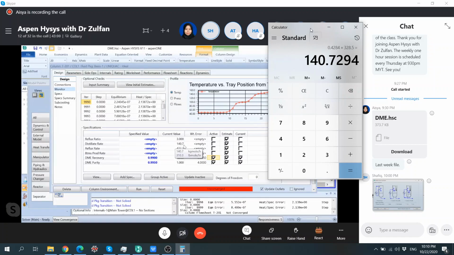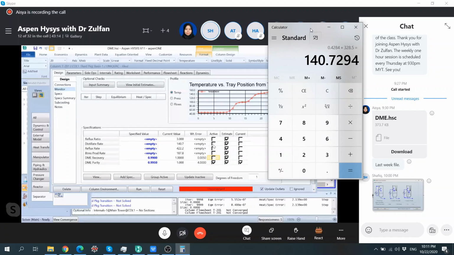To match with the data that we have, we could untick this DME recovery and then key in that distillate rate.